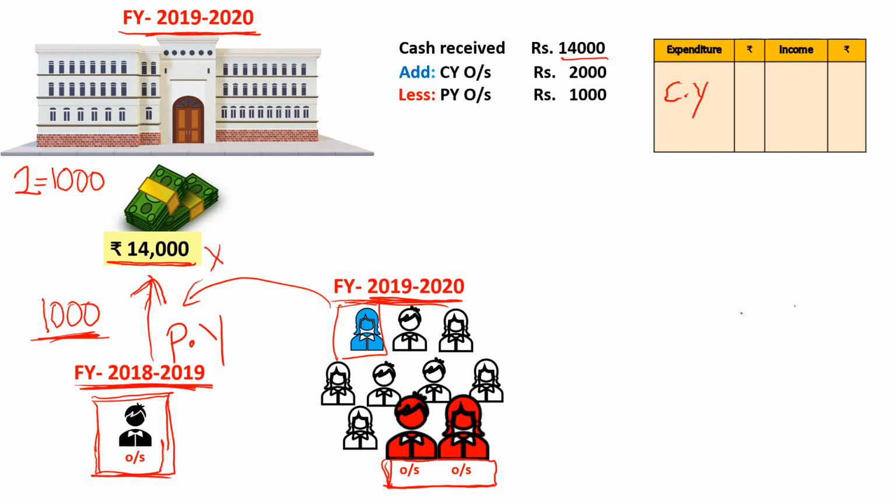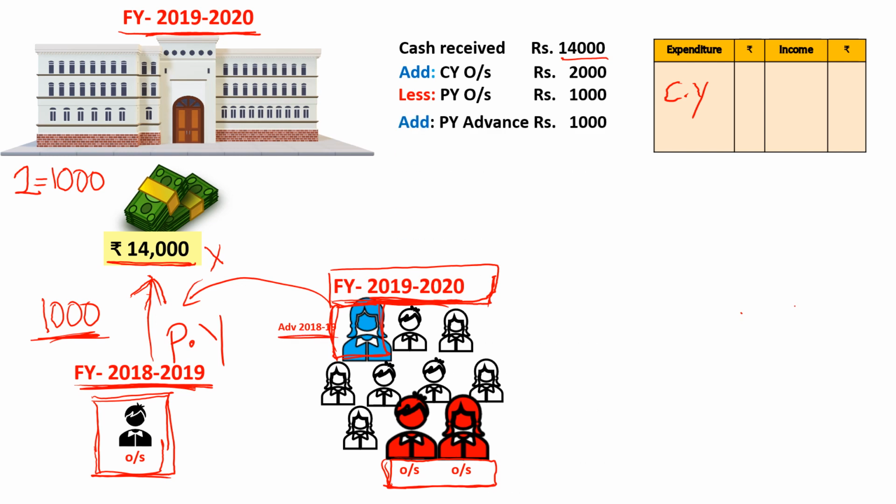In this 14,000, the new student or this blue color student fees is not included. But she is related to the current financial year. She is related to the year 2019-20. That's why we need to add the fees of this girl which is paid in advance in the previous year. So we will add the advance which is paid in previous year.